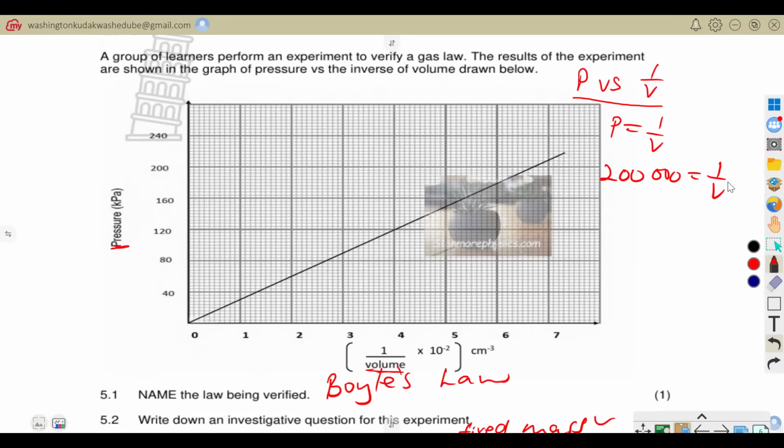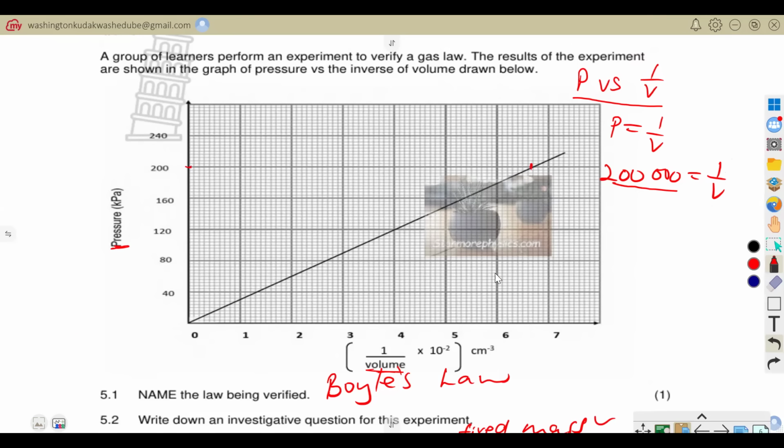So I need to find the value at 200 kilopascals of pressure. At 200, it's here, and then the value would be along here. It would be this one.